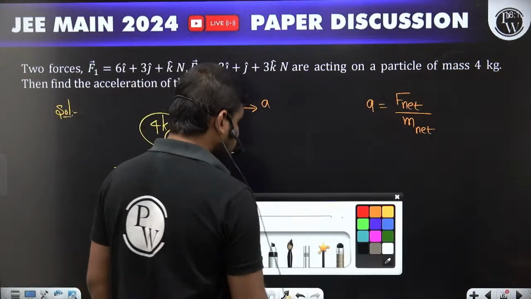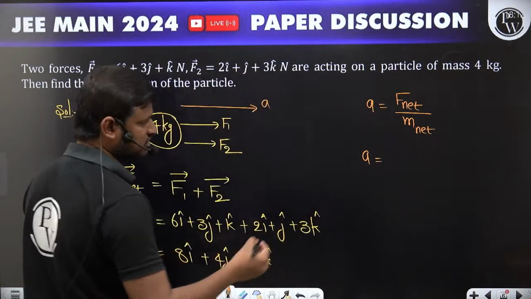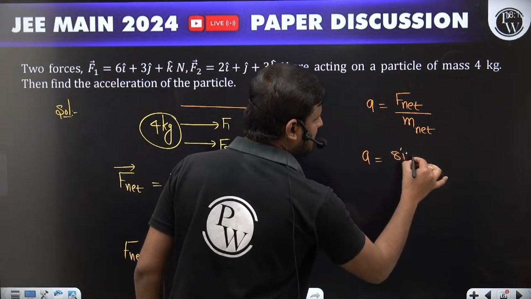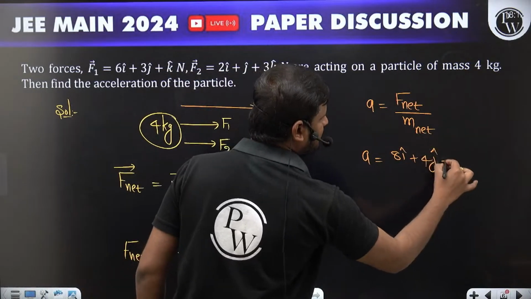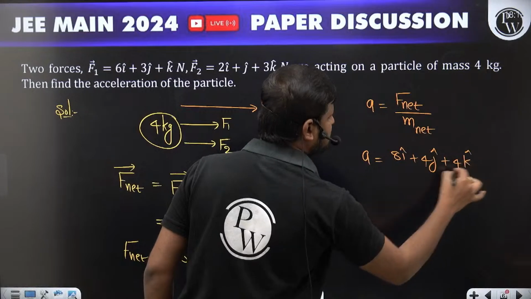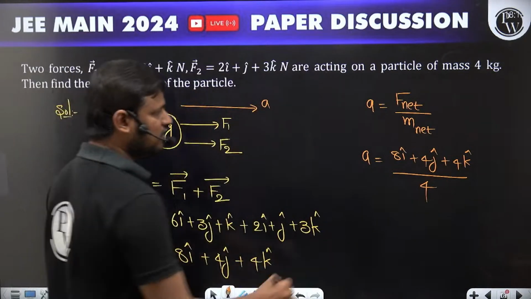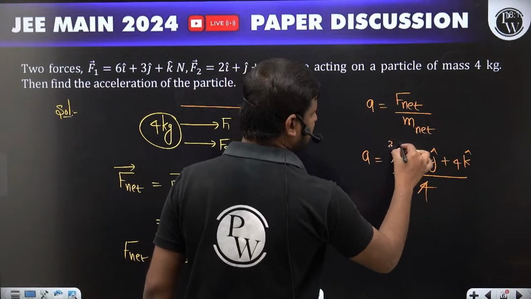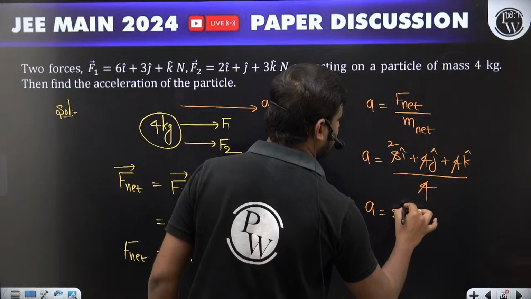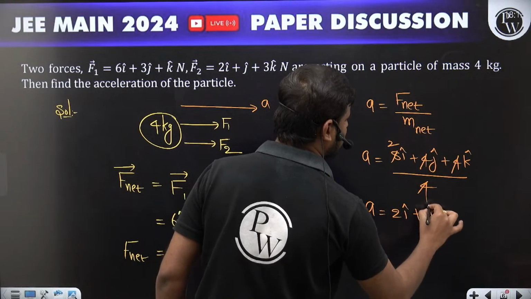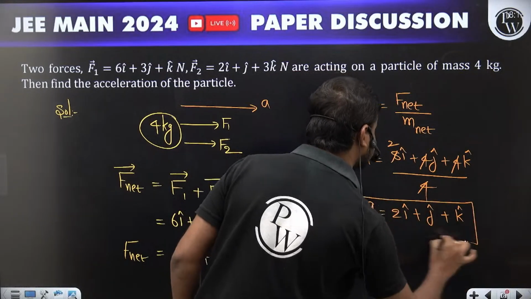Now just substitute the values. a is equal to net force, which is 8i cap plus 4j cap plus 4k cap, by the net mass, only one particle which is of mass 4 kg. So 4 ones are 4, 4 twos are 8, 4 ones are 4. So the acceleration is 2i cap plus j cap plus k cap.